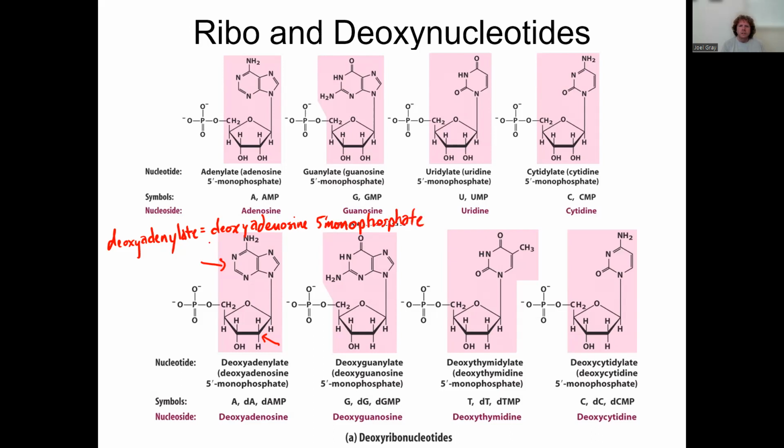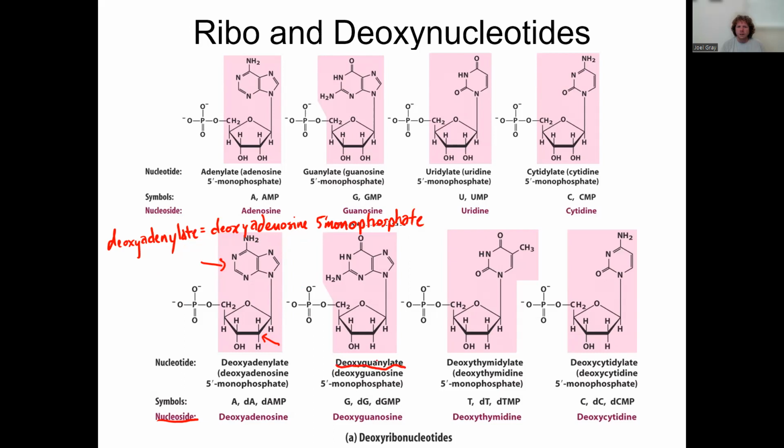So deoxyadenosine, that's the nucleoside name. 5' monophosphate is indicating that this nucleoside has a single phosphate on the 5' position. So that is the same as deoxyadenylate.